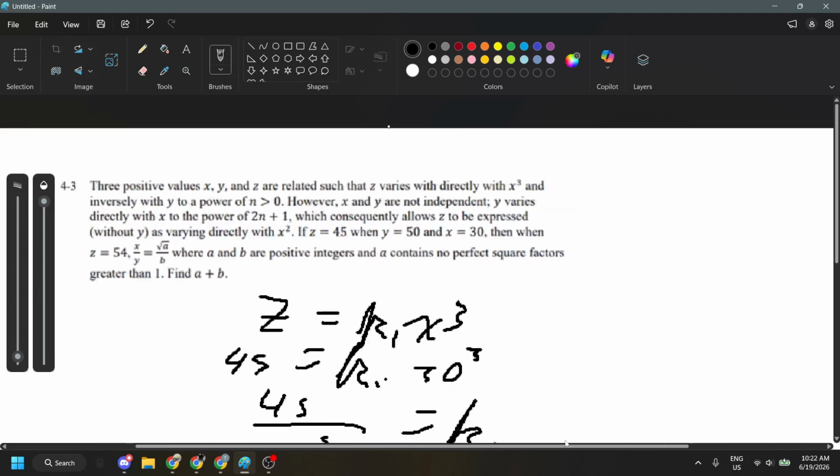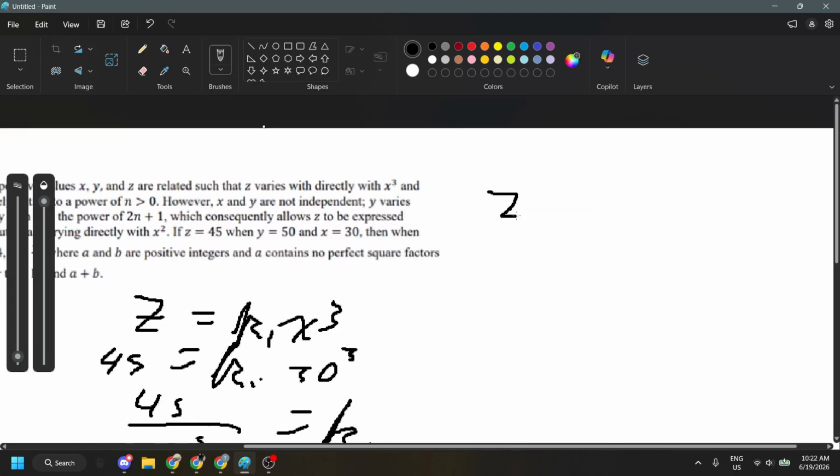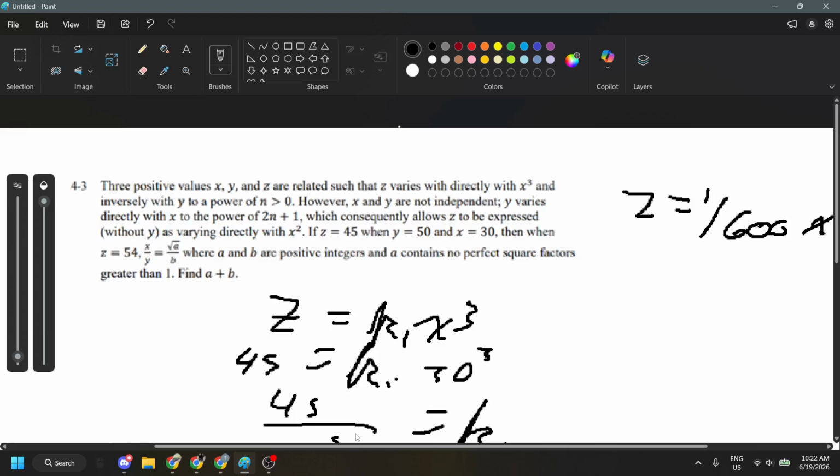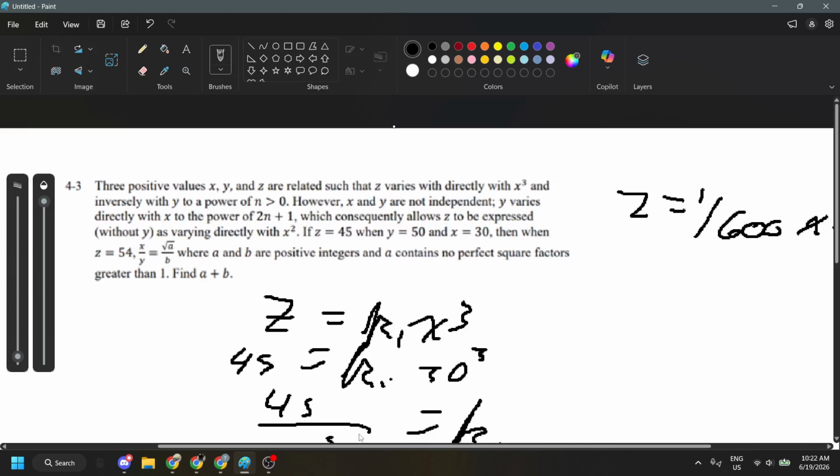So we know z is equal to 1 over 600 x cubed. And z varies inversely with y to a power of n, where n is greater than 0.